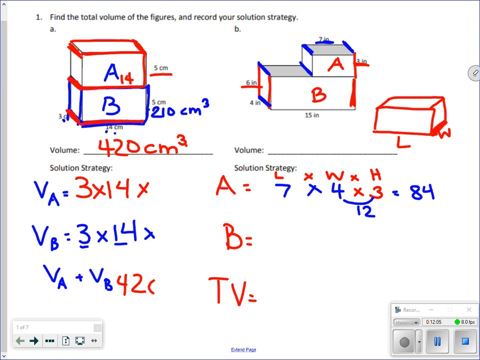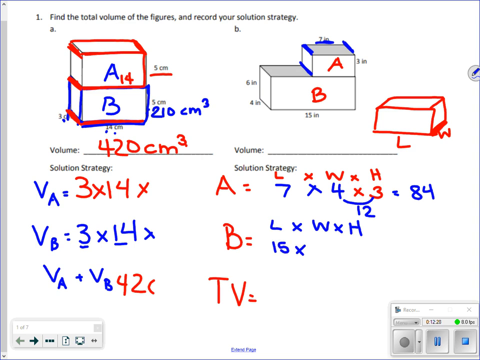So for the volume of B, so let's see. Do we know the length, width, height? Do we know how long it is? What is it? 15.